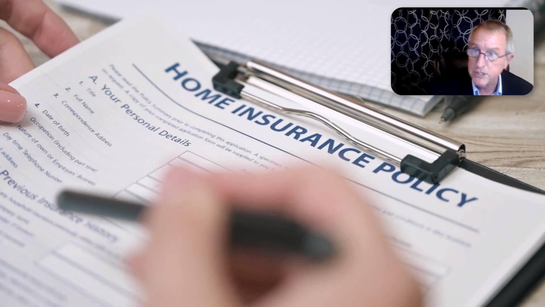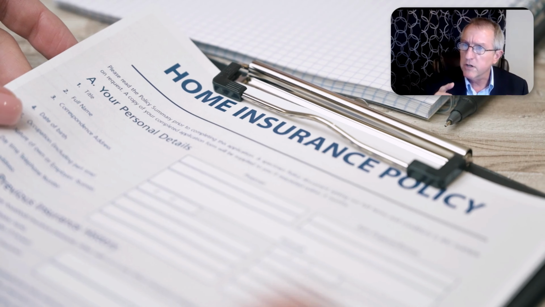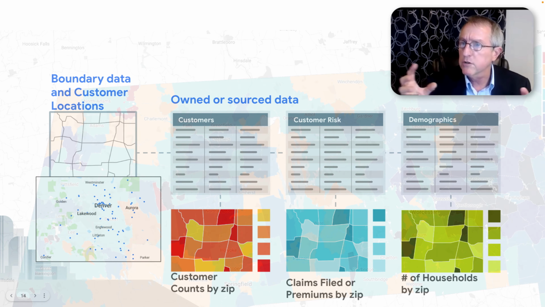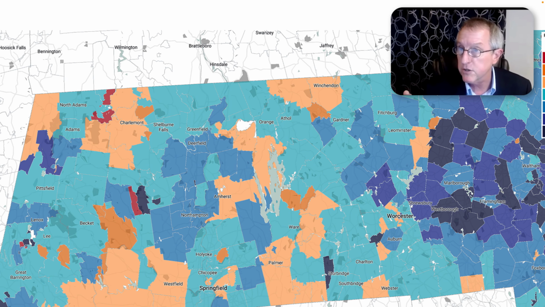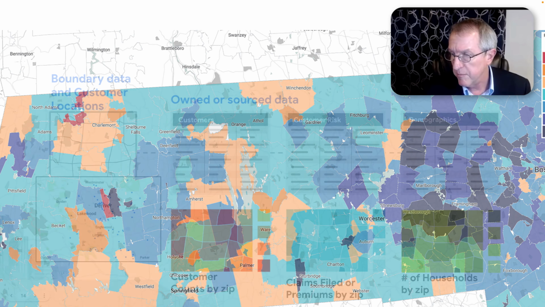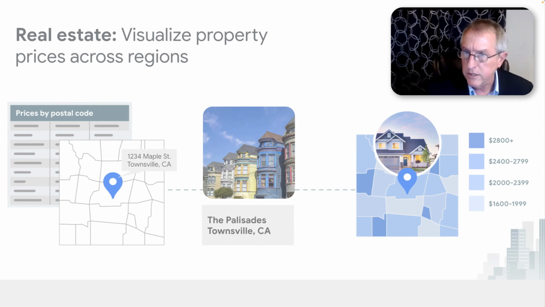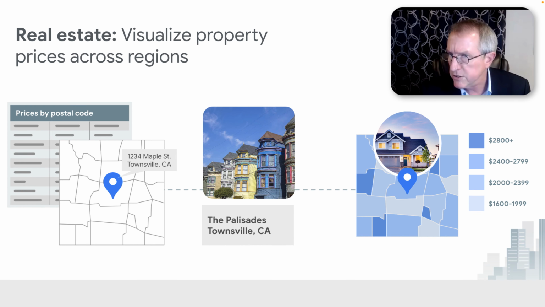If you're in the insurance business, what does it look like to profile on a map where your claims are coming from and the magnitude of those claims, perhaps by metro area or by zip code? If you're in the real estate space, the retail space or insurance, it's very interesting to look at property prices as they change over time by zip code.